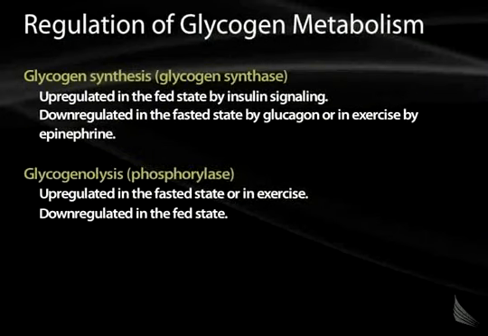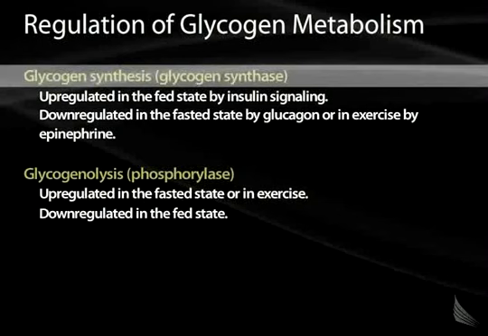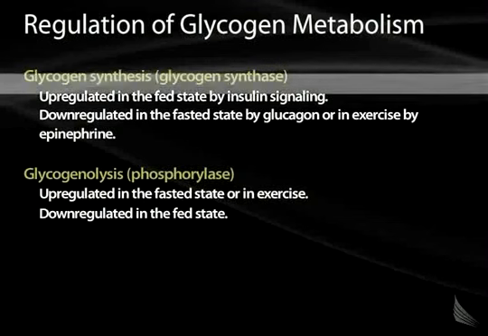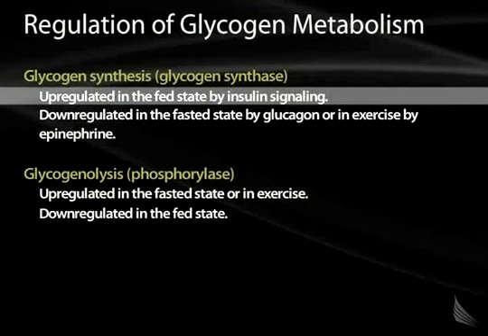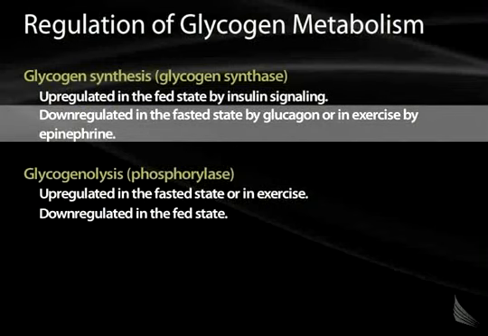Now, as you can imagine, this process has to be carefully regulated. We only want to store glycogen in the fed state. We want to consume glycogen in the fasted state. So glycogen synthesis, which is performed by that enzyme, glycogen synthase, is upregulated in the fed state by insulin signaling and downregulated in the fasted state by glucagon, or in exercise by epinephrine.